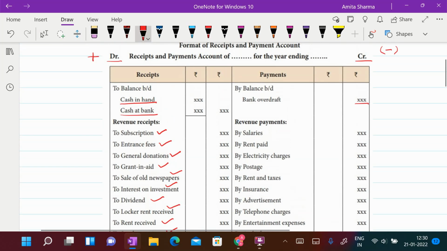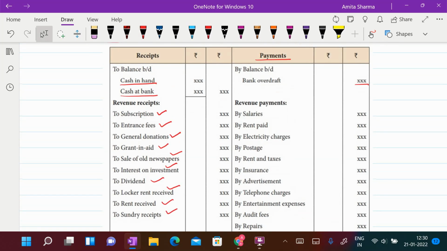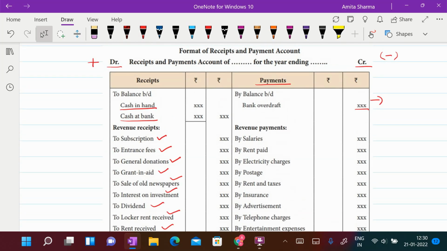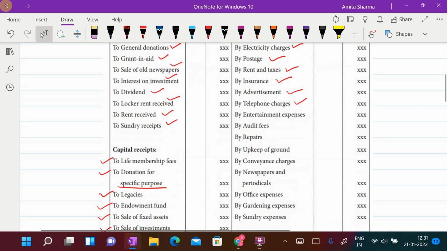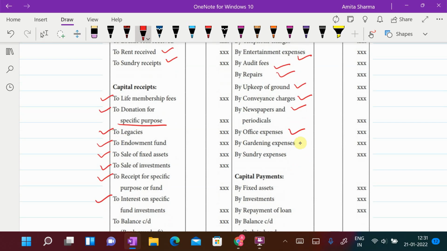And students, on its credit side, all payments are shown. It starts with an overdraft. If there is an overdraft balance, we will take it on the credit side. First, we will take all revenue payments like salaries, rent paid, electricity charges, postage, rates and taxes, insurance, advertisement, telephone charges, entertainment expenses, audit fee, repairs, upkeep of ground, conveyance charges, newspaper and periodicals, office expenses, gardening expenses, and sundry expenses.